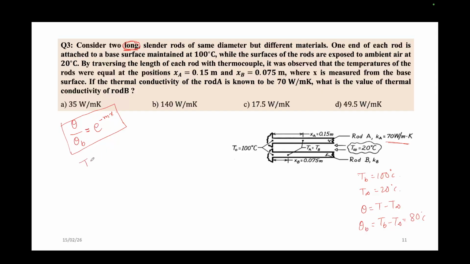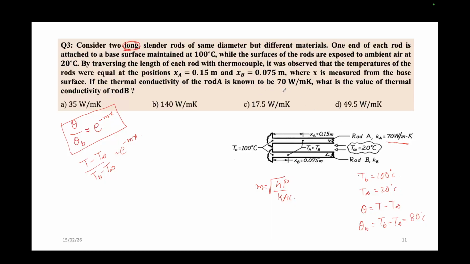Or more precisely, you can write T minus T infinity by T_b minus T infinity is e to the power minus mx. Okay. So now I have to find this m. So see, what is m? m is root hP by kA_c.